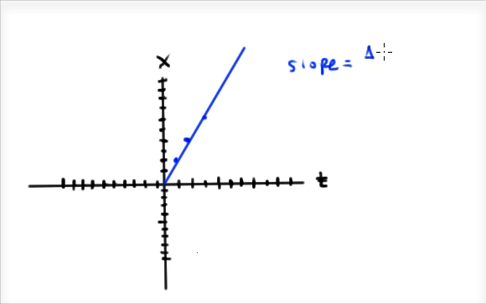Our rise is x, change in position, and our run is time. So the slope of this line is delta x over delta t. We already have a name for that. It's called velocity. So the slope of our line in an x versus t graph is our velocity. The slope of this line is 2, and our velocity is 2 meters per second.